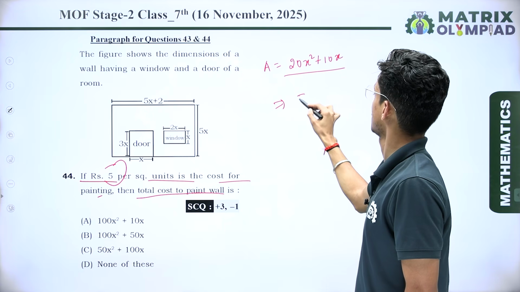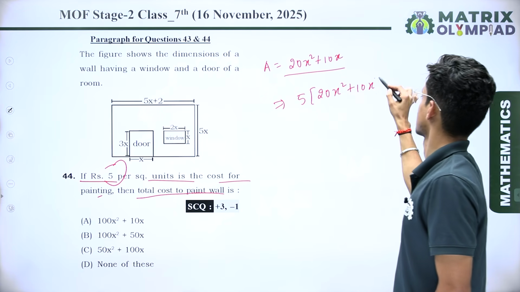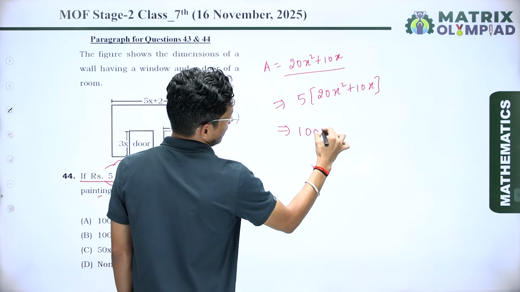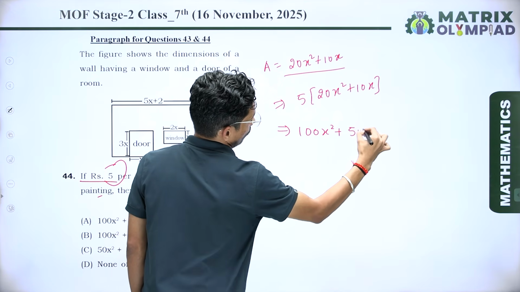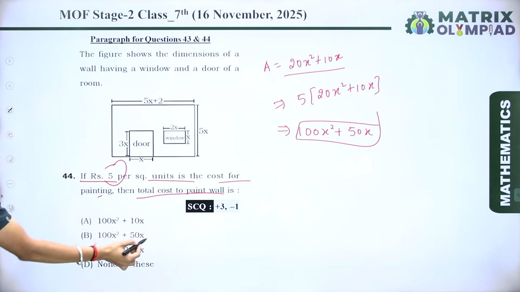I can write 5(20x square plus 10x). When we multiply it, we get 100x square plus 50x, that is the amount. So option number B is the correct answer.